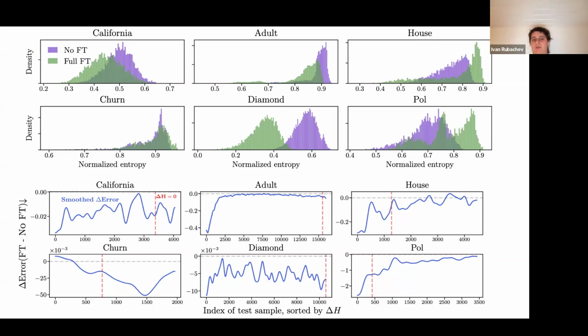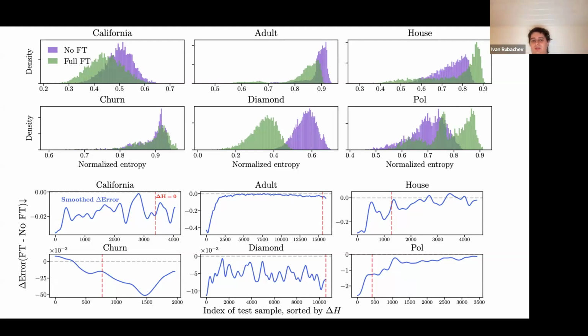The attention becomes more concentrated. But on some datasets like House or, for example, Pole or Churn, this is not the case. It reshuffles somehow, the model starts to look at different examples for different test instances, but there is no clear decrease in attention entropy here.